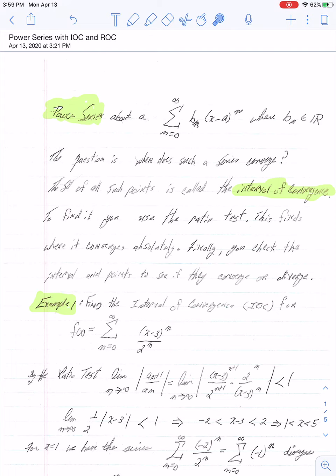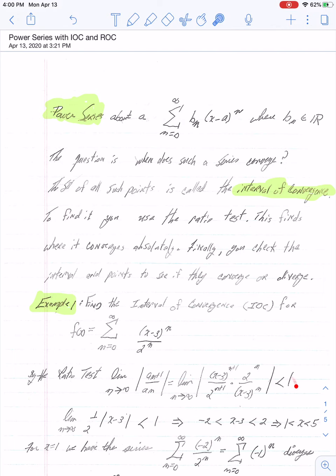Now how are we going to figure out what values of x our series converges for? The answer is we're going to use the ratio test. And remember, with the ratio test, you look at the limit as n tends to infinity of a sub n plus 1 over a sub n.